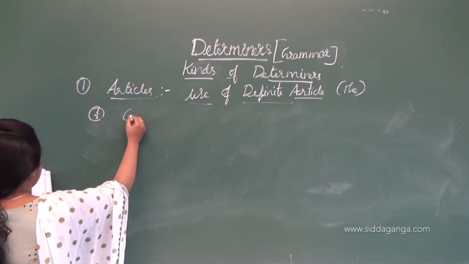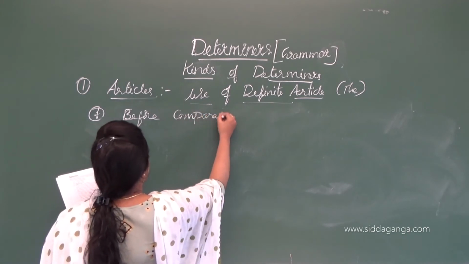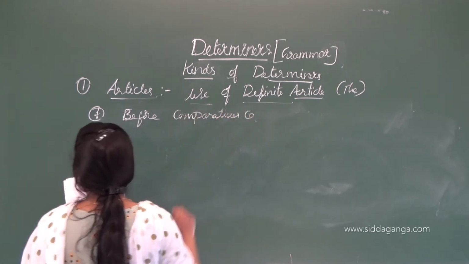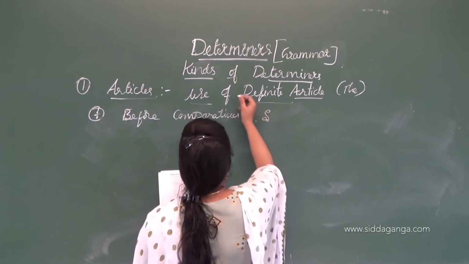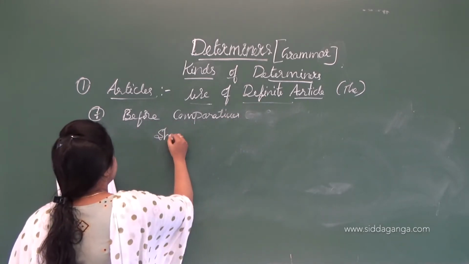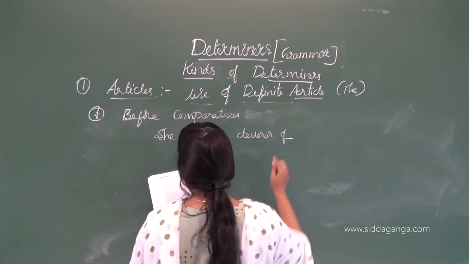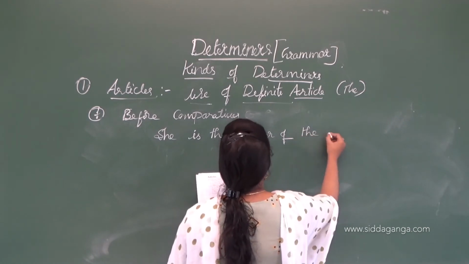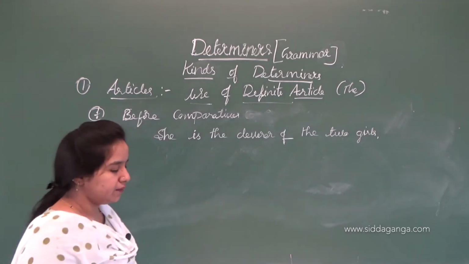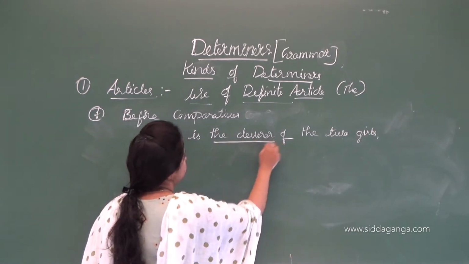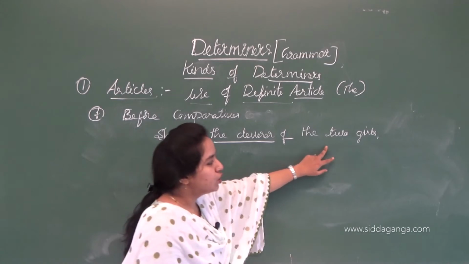Comparative words, like: she is the cleverer of the two girls.